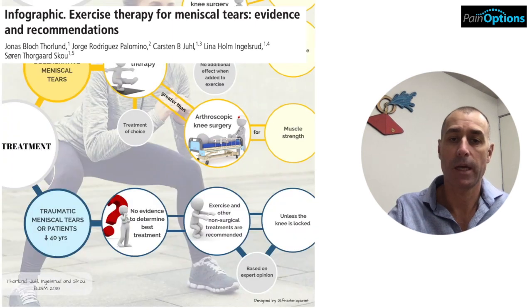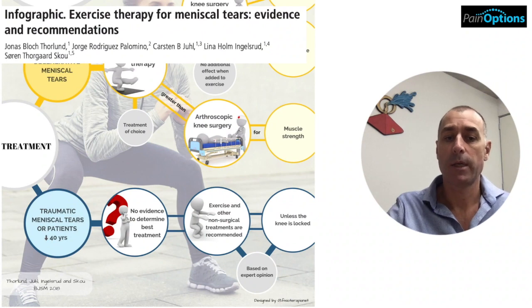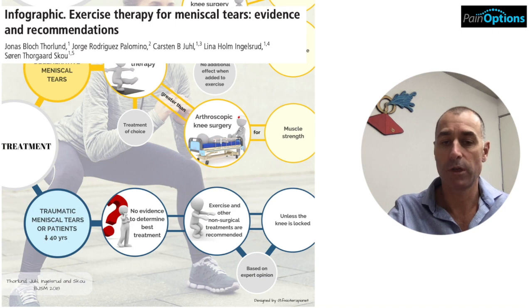Then the other side of the scale, traumatic meniscal tears. If people are under 40 years of age, there's no clear evidence to determine the best treatment. So based on that, exercise and other non-surgical treatments are recommended unless the knee is locked.